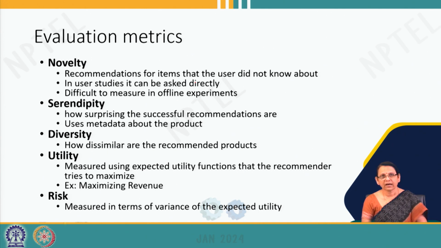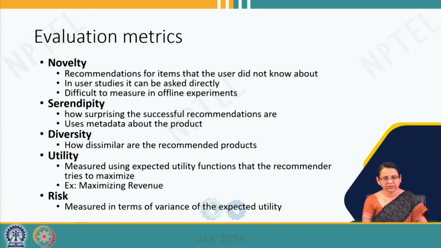And as we know, while discussing content based recommender systems, novelty, serendipity and diversity cannot be taken care of by such systems, because we are always trying to measure the similarity with the items which the user has already seen.